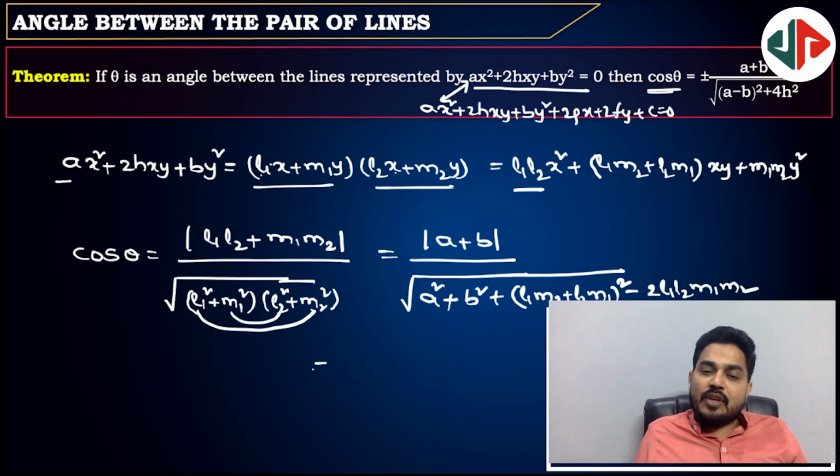So from here you get modulus of a plus b by square root of (a minus b) whole square plus 4h square.